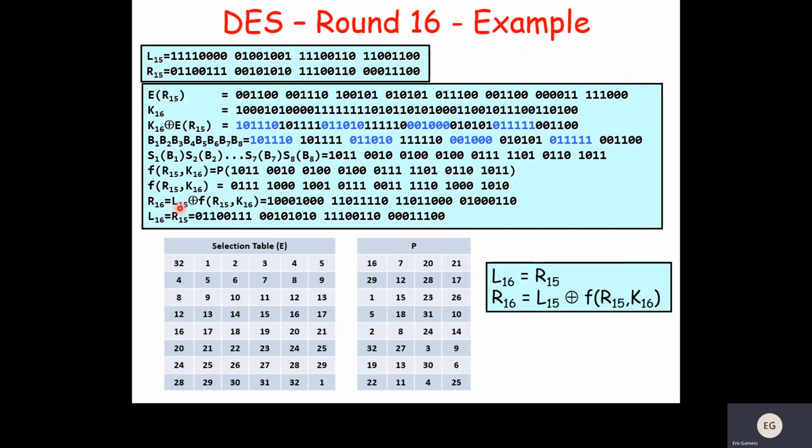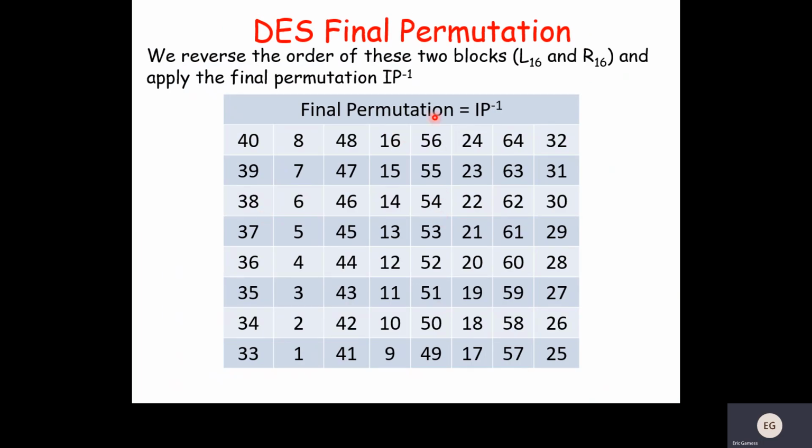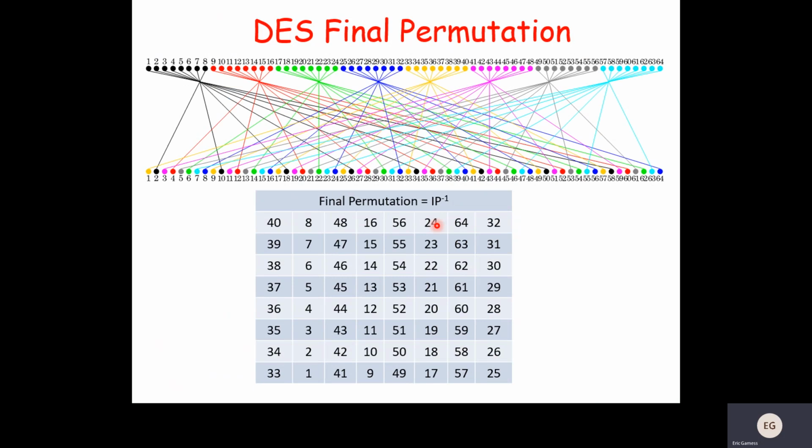After round 16, you will have L16 and R16. You will swap them. And after swapping them, you need to apply the inverse of the initial permutation.